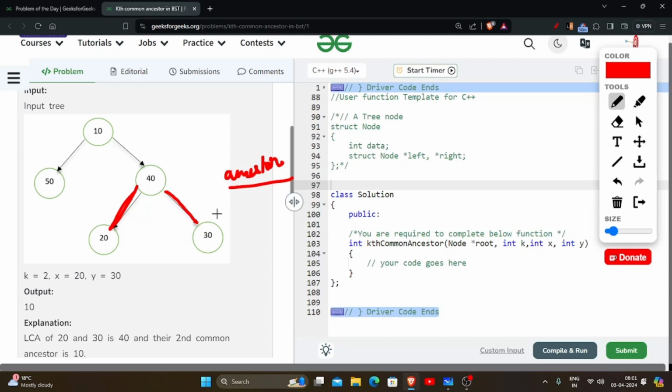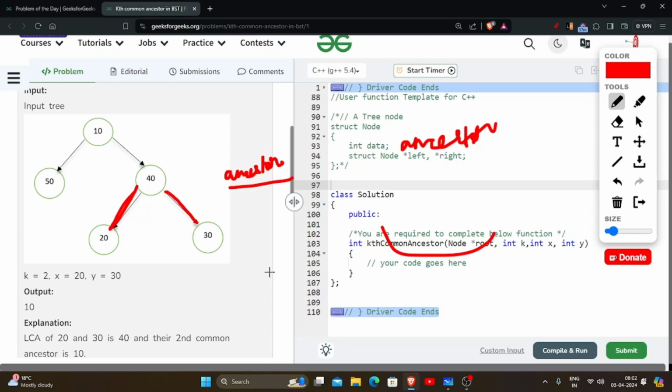So for a node to be an ancestor of some node, it has to be its ancestor. And ancestors are, let's say, on the above level, which are parent, grandparent, so like above nodes.